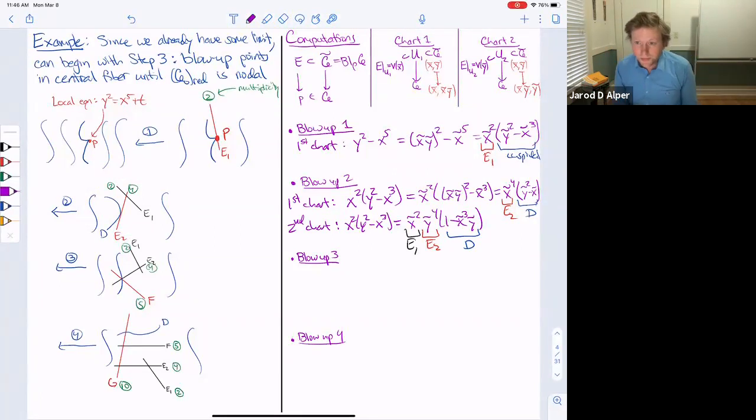So we blow up again, and here we're going to just look in the second chart. We're looking at this equation, x to the fourth y squared minus x, and we're computing its pre-image in the second chart.